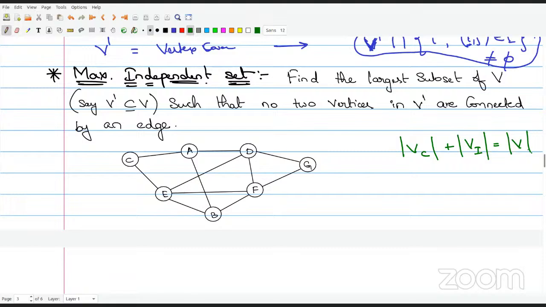So what is the maximum independent set? You have to find the largest subset, again related to vertices only.